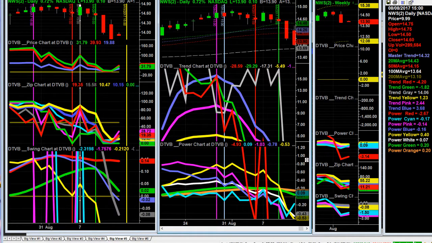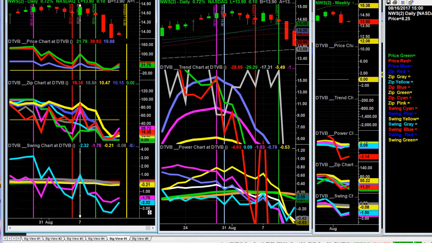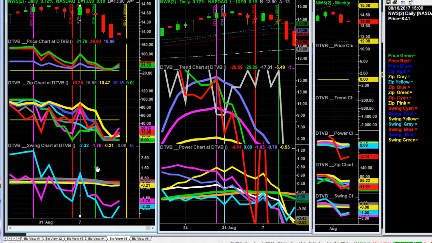One of the other things that you can identify that with is what we refer to as a poke out or a stick out in the swing Zion and swing pink. They both poked their nose out up above all those other lines, the red, green, and blue and yellow of the swing chart. And oftentimes when that happens, they come right back down.